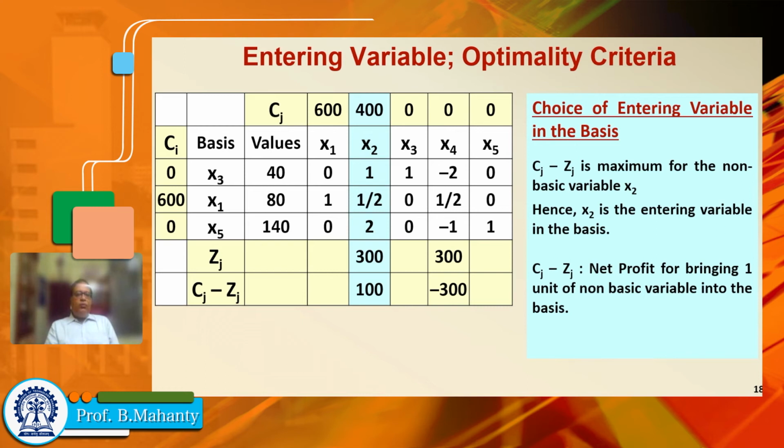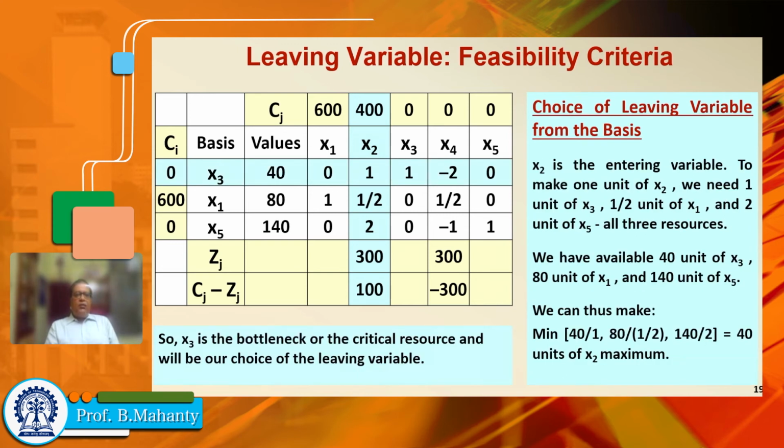So what would be our next set of bases? x2, x1 and x5. Isn't it? So x3 actually leaves, that is the leaving variable, because that is the bottleneck resource. The simple calculation, minimum of 40 by 1, 80 by half and 140 by 2, that is 40.